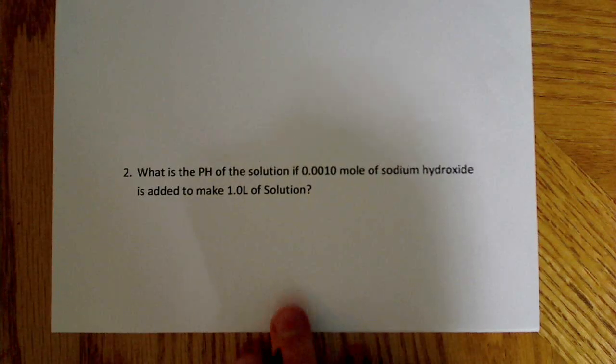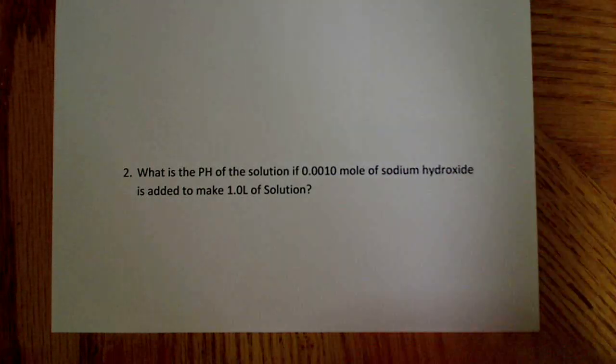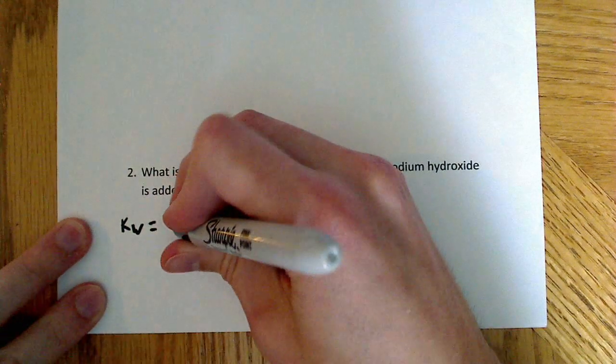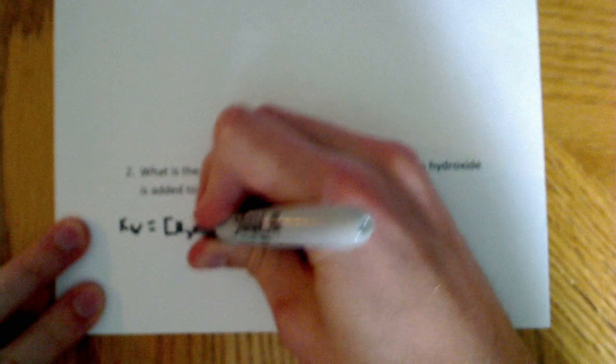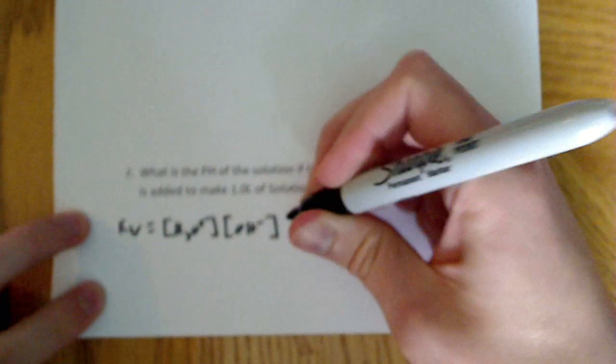The second problem says, what is the pH of a solution if 0.001 moles of sodium hydroxide is added to make 1 liter of solution? This is pretty much the same thing, only now we're dealing with a strong base. In the case of a strong base, the first thing you want to do is recall another equation: Kw is equal to the hydronium ion concentration times the hydroxide concentration.